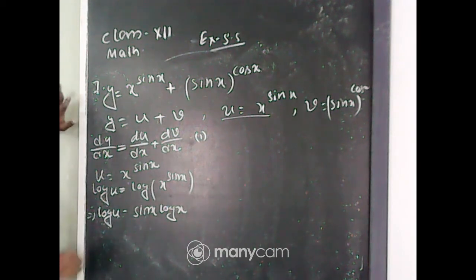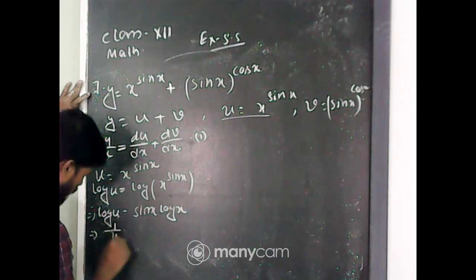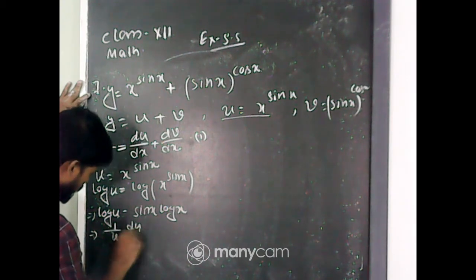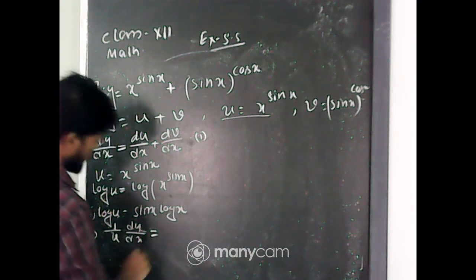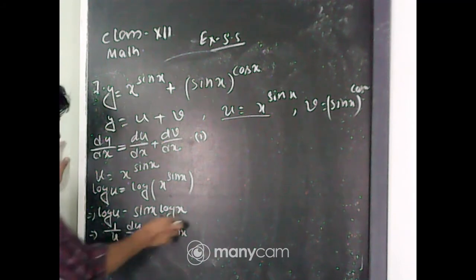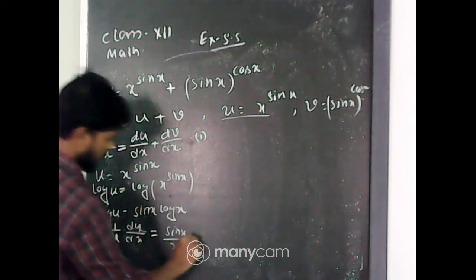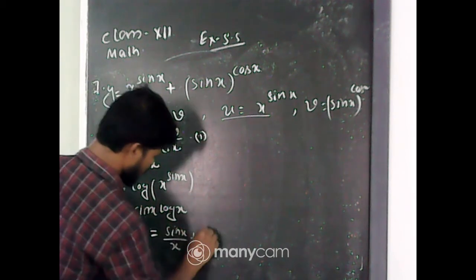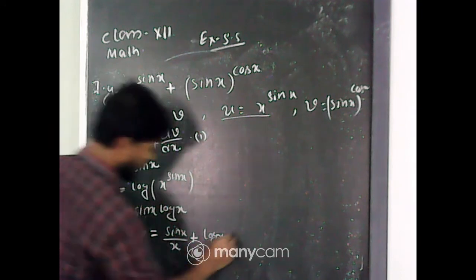So if I differentiate this with respect to x, we have 1/u into du/dx equal to sin x, means first function, into derivative of second function, which is 1/x, plus second function fixed into derivative of first function, that is cos x.